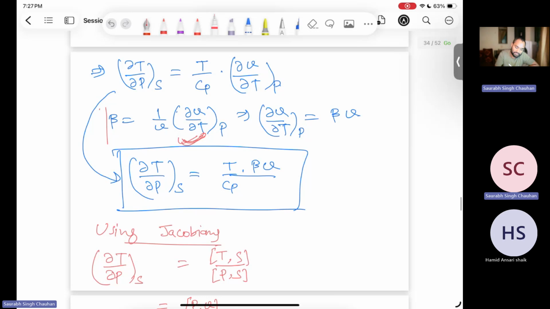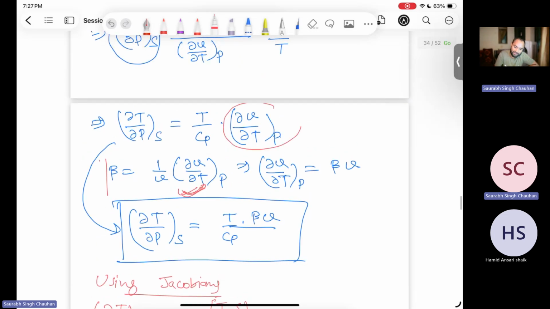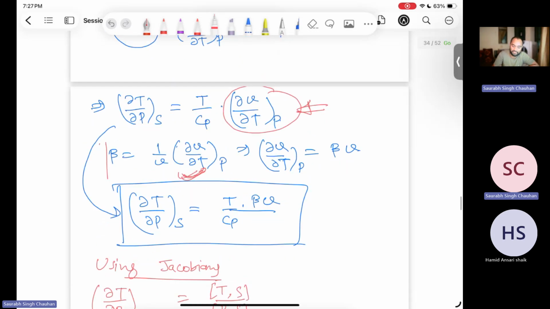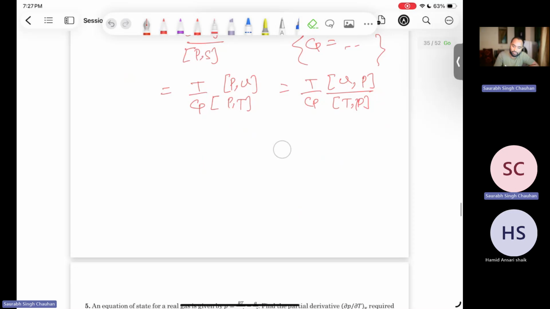Actually, this thing we have already got. But if you want to use the expression for beta, that you can also use. It was 1 by V times del V by del T at constant P, the thermal expansion coefficient.